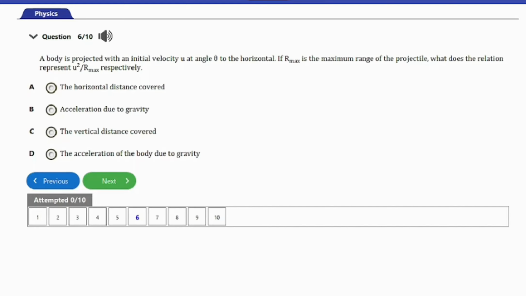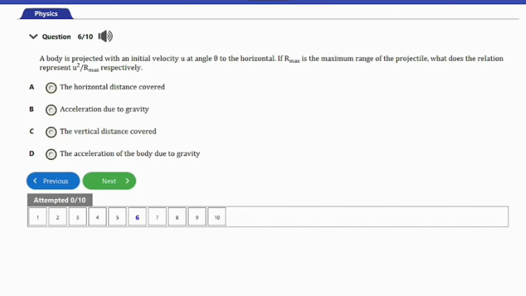Alright, so guys, option A here says the horizontal distance covered. Option B is the acceleration due to gravity. Option C is the vertical distance covered. Then option D is acceleration of the body due to gravity.